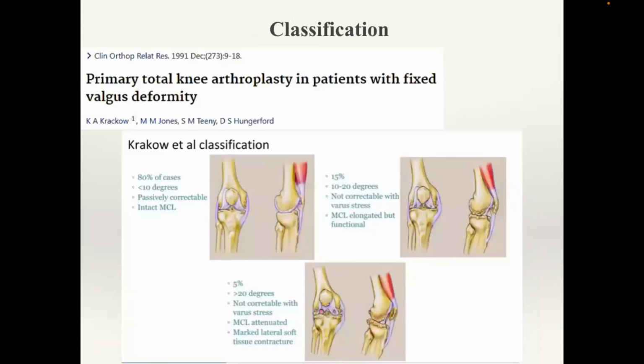Now the classification for valgus deformity by Krackow et al. In 80% of the cases there will be less than 10 degrees of valgus deformity, which can be passively correctable.